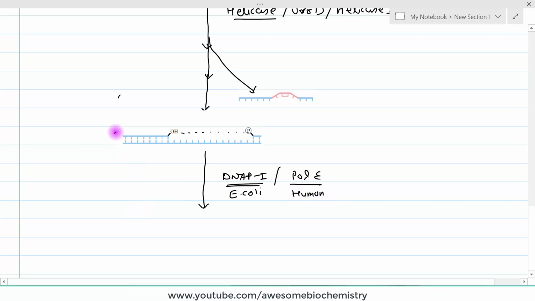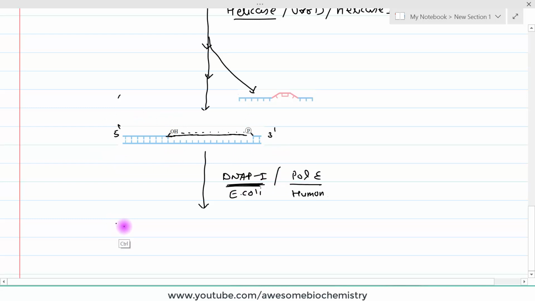So what will happen? Suppose this is the 5' end and this is the 3' end. Then this DNA polymerase 1 will extend this chain from the 5' end. It will start extending like this, and the last gap will remain. Okay, all the nucleotides will be added, but the last continuation of the backbone is still missing. Okay, so let's first see the action of DNA polymerase 1.